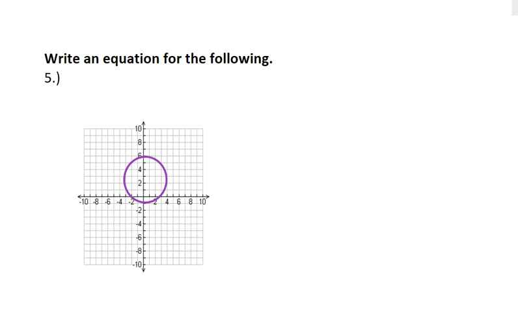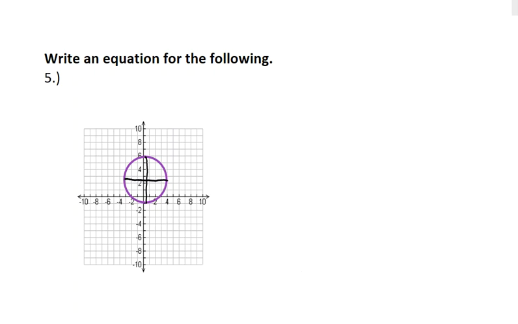And our last question, we're going to take a look at the circle, and we're going to write an equation for this. If you think about the main two things that we need for this, we need a center and we need a radius. The best way I feel to find the center is to draw a vertical line from the lowest and the highest point, and then a horizontal line from the most left and the most right.